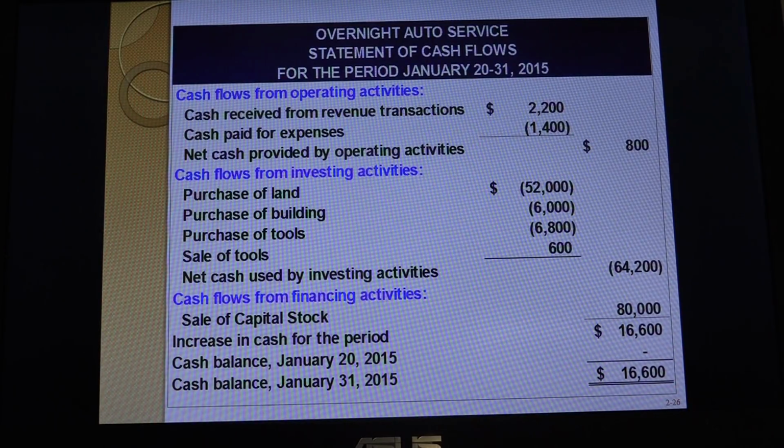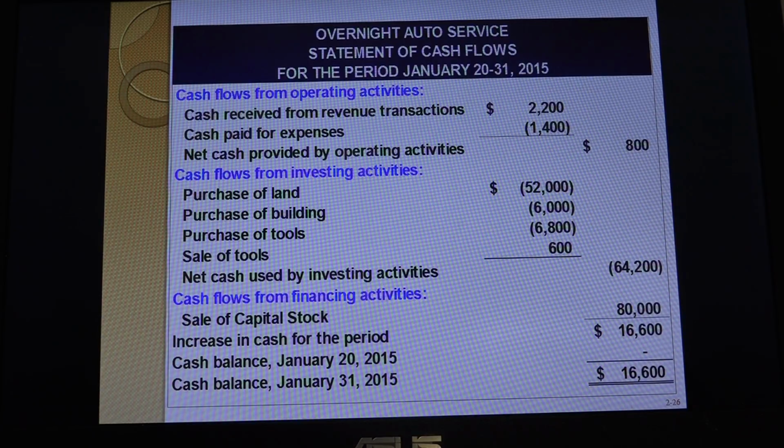Now, this is kind of tricky, the statement of cash flows. What is cash flows from operating activities? Well, it's the cash flows for activities in which the company is primarily involved. They're primarily involved in, apparently, auto repair service.